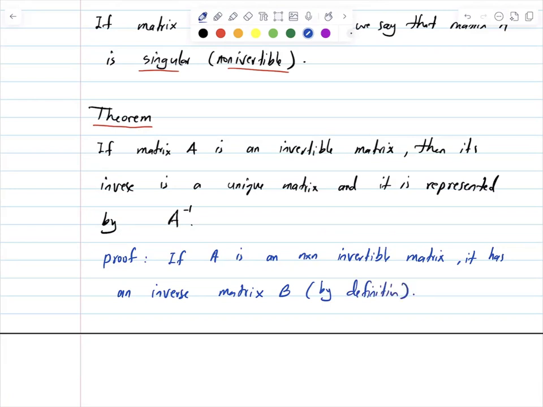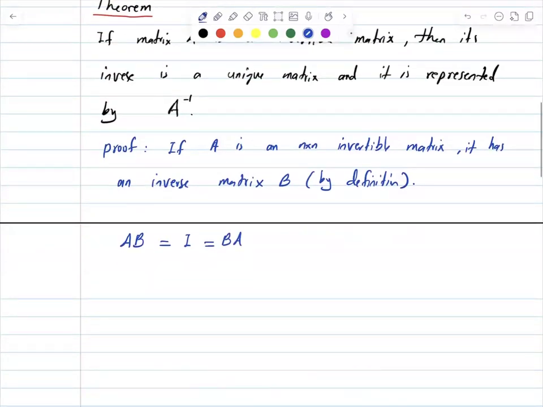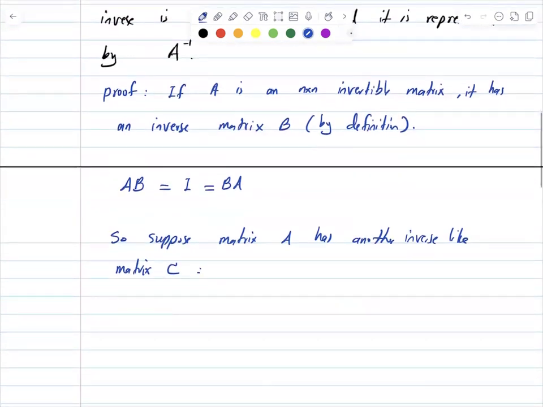And the property is that if you multiply A and B, it's equal to the identity matrix, and it's the same as the multiplication between B and A. Now suppose matrix A has another inverse like matrix C. By definition again, we have AC equals the identity matrix, which is equal to CA.